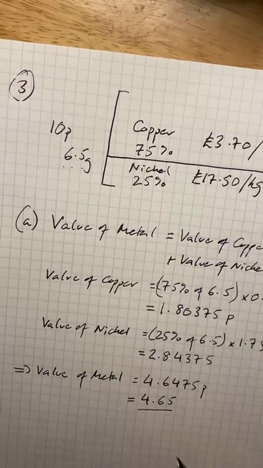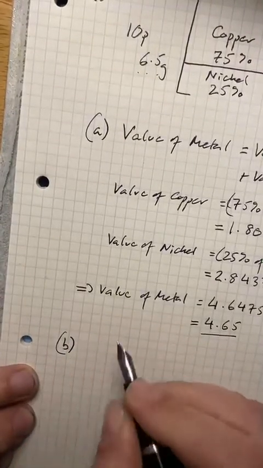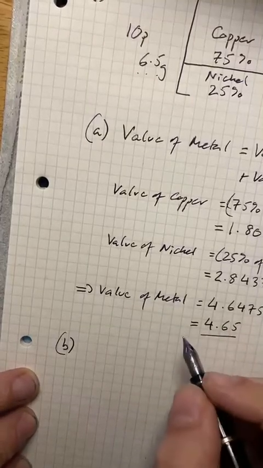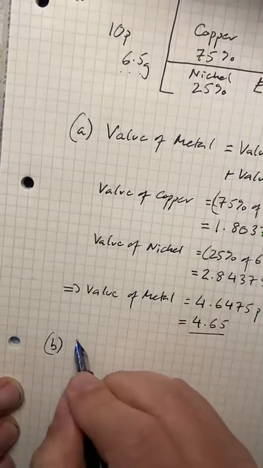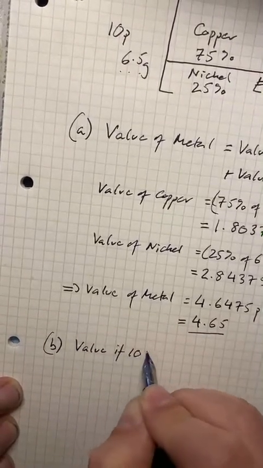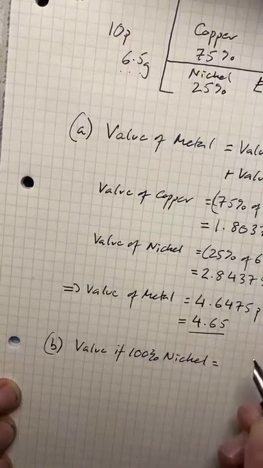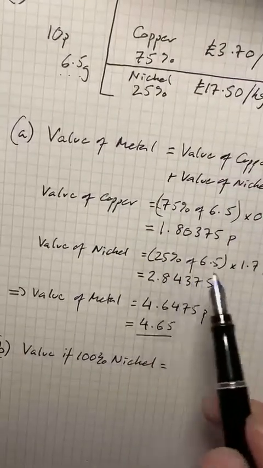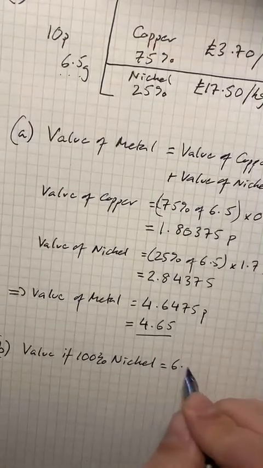Now the next question. Entirely of nickel, that basically means it's 100% nickel. So we have the value if it's 100% nickel. We're essentially using the same sort of thinking here, but instead of 75%, we've just got a straight 6.5.